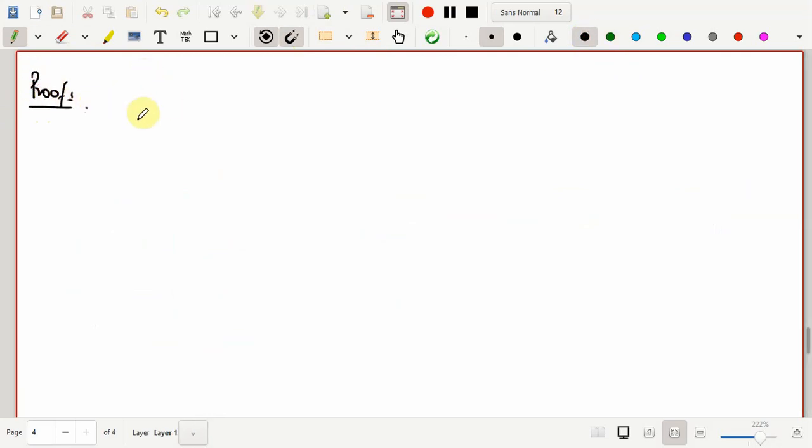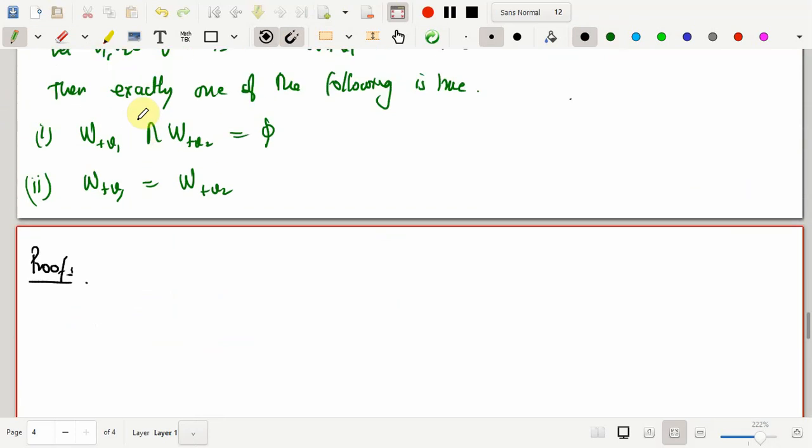Okay, now what I'll do, see, I have to show that exactly one of these is true. So suppose I assume that this is not true. Then for the entire statement to be true, I have to show that W plus V1 is the same as W plus V2. Okay, so that's the idea. Assume that statement 1 is not true.